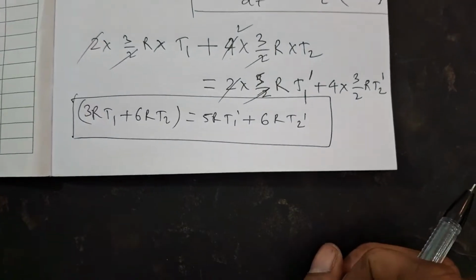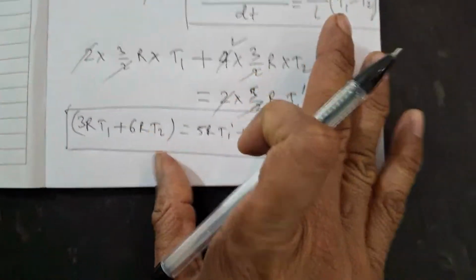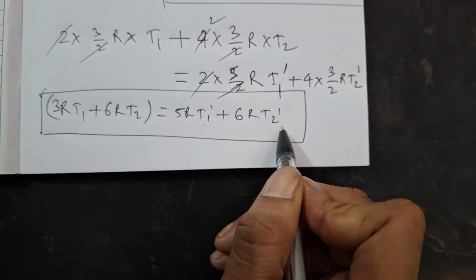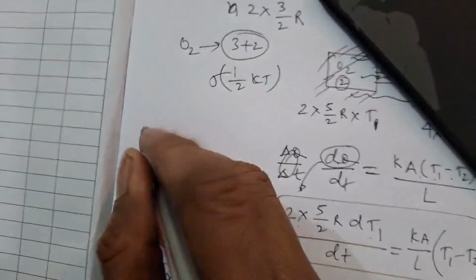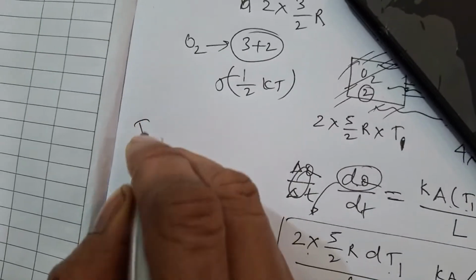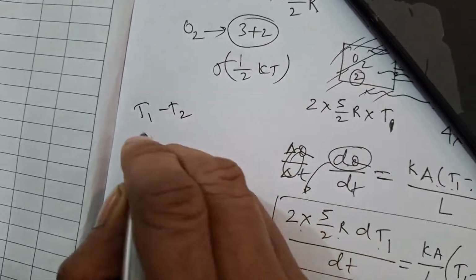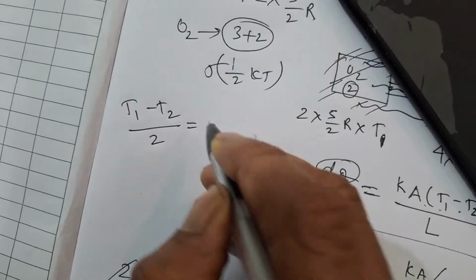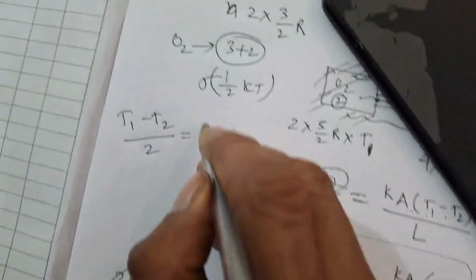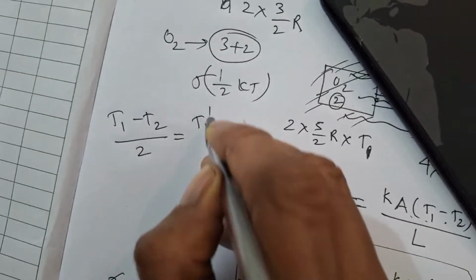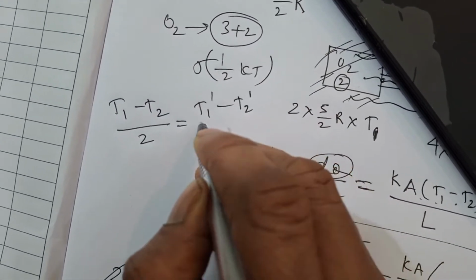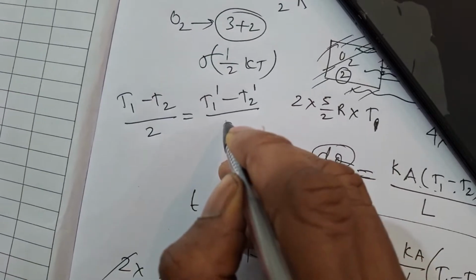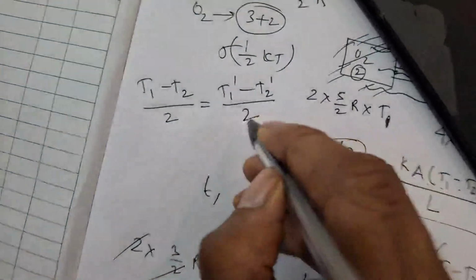See, now this is after time t, and this is initial. Now according to the question, please read the question. The question says the initial temperature difference is half, the new temperature difference after time t is found to be half.